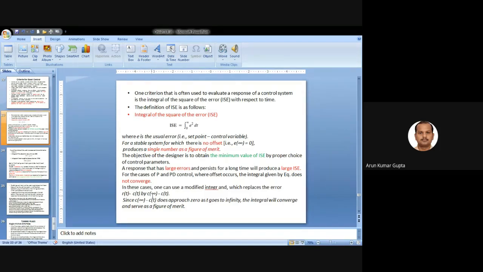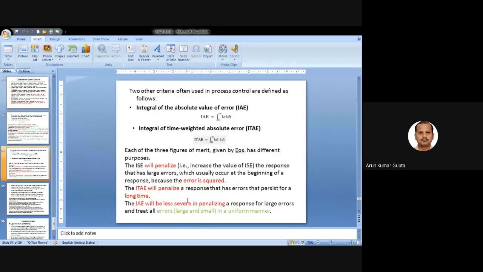So the error is c(infinity) minus c(t). Since c(infinity) and c(t) approach each other as t goes to infinity, this approaches 0, and the integral will converge and serve as a figure of merit. So as t goes to infinity, c(infinity) minus c(infinity) approaches 0, and so the figure of merit is a single number and its value is 0.